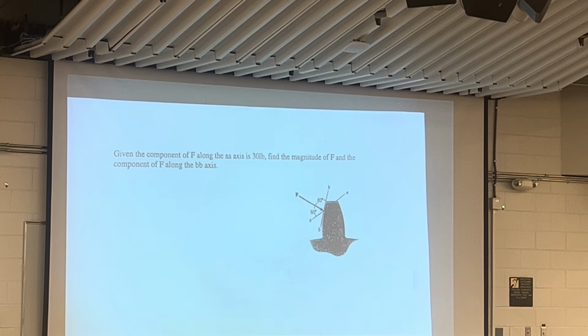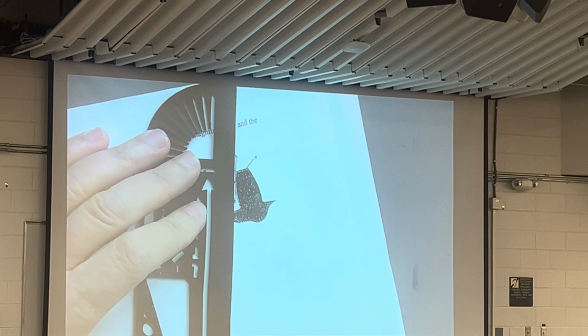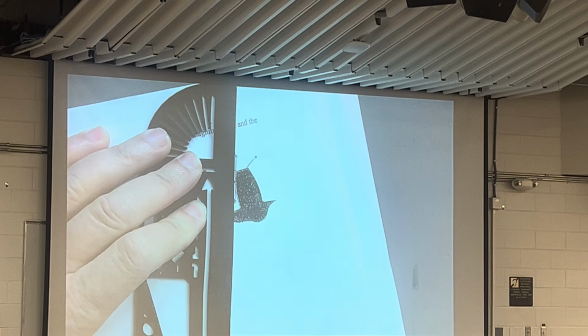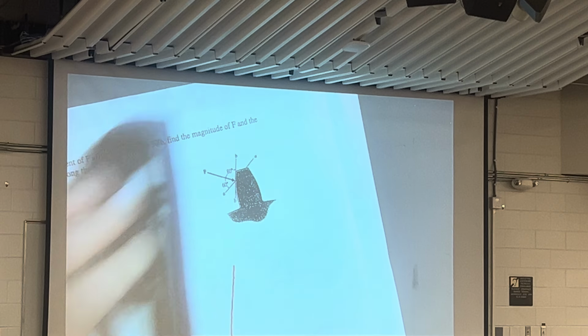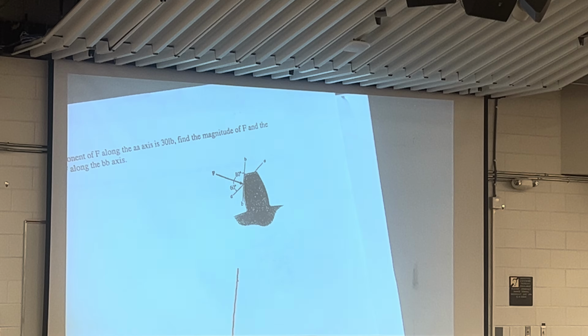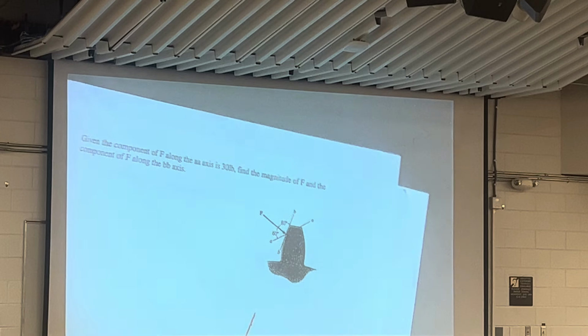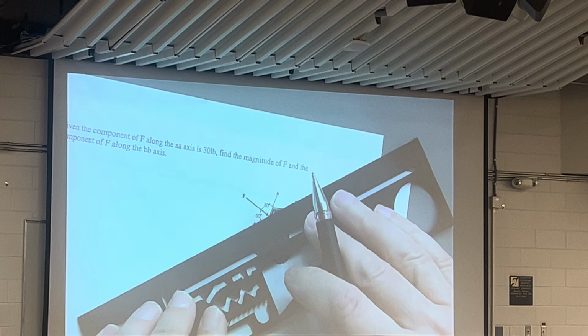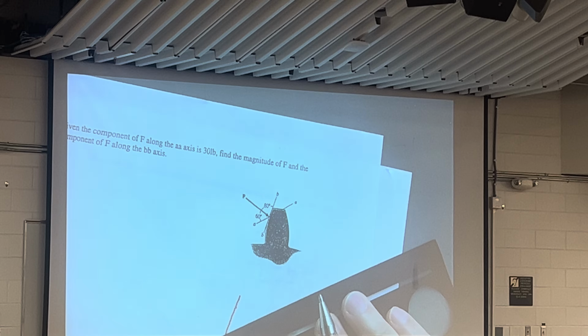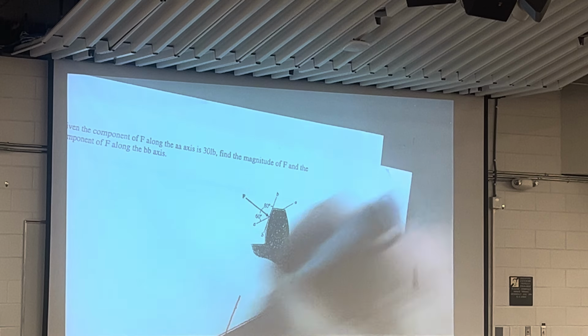You know a line of action, and you know one of the components. So I'm going to take BB, and I'm going to draw it right there. I'm going to take AA, and I'm going to draw it right there.